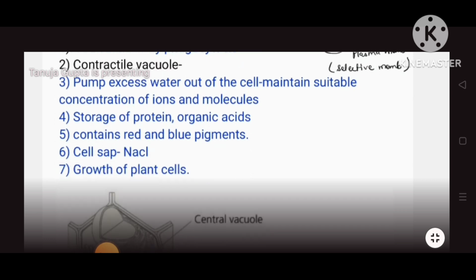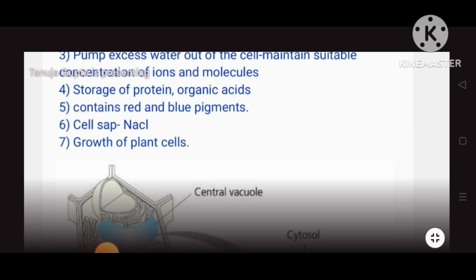Okay, let's have a look at their functions. The first function is food vacuole by phagocytosis. It helps in making the food vacuole. As I told you, this is amoeba, and the food is coming inside. So how does this food come inside?